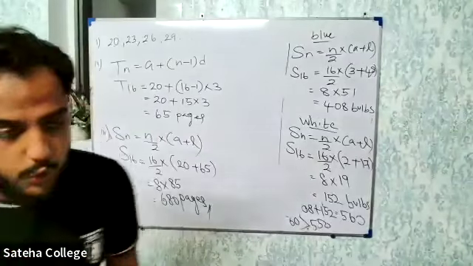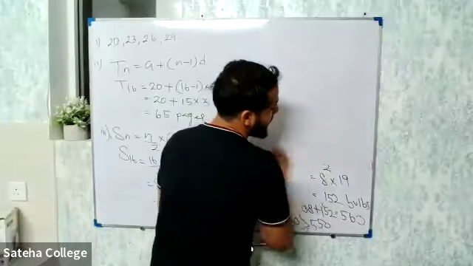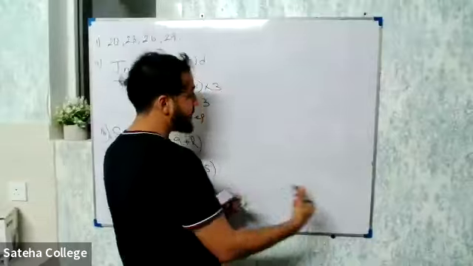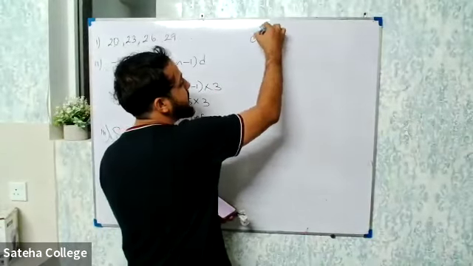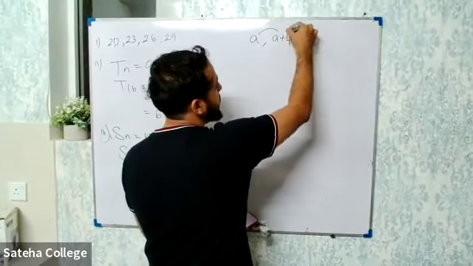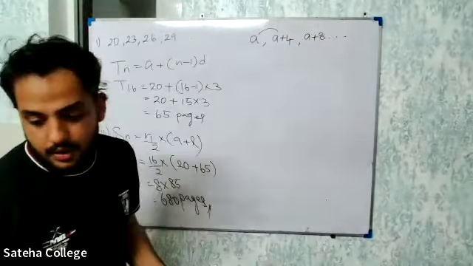Now the first term is unknown for Sumana, right? So now Sumana is reading 4 pages more than the previous day. So let's take the first term as A here. Then the second term is A plus 4. Then the third term, another plus 4, A plus 8. Likewise, she's reading.